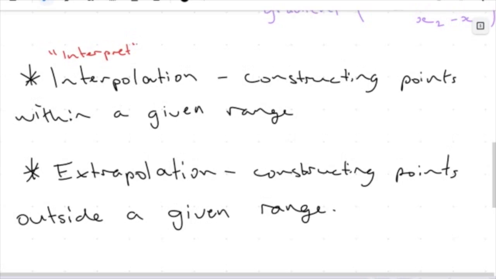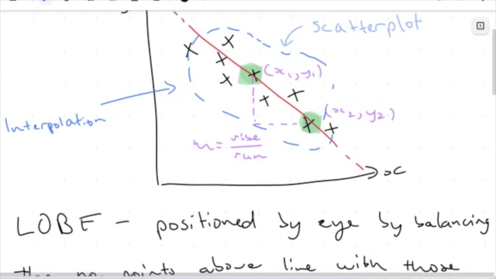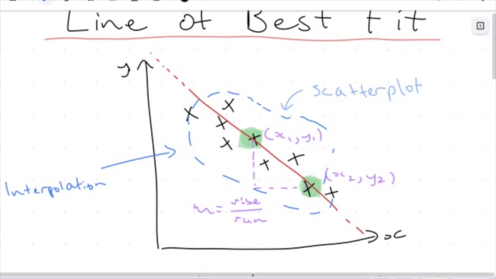So this is where we take the trends we have observed, so based on the linearity of our points on the scatter plot, we see how much does one correlate with another, and we use that to make predictions outside. So here where I've done this dashed line here, this is my extrapolation.